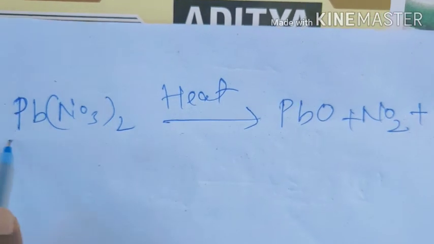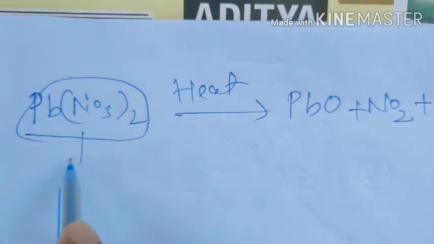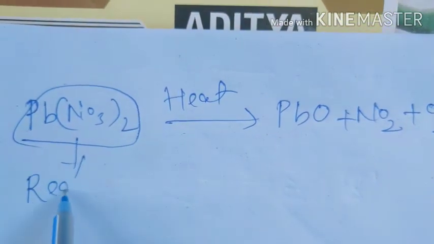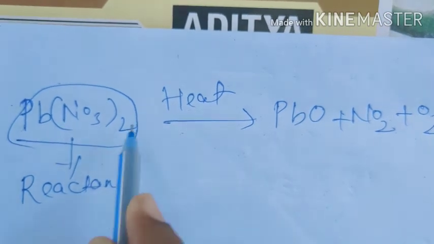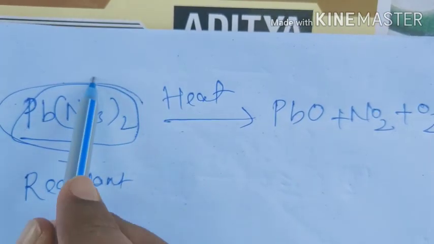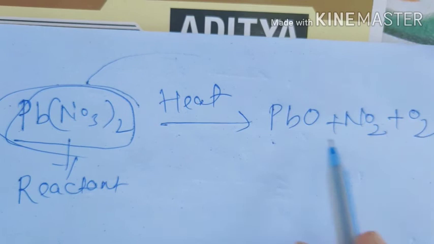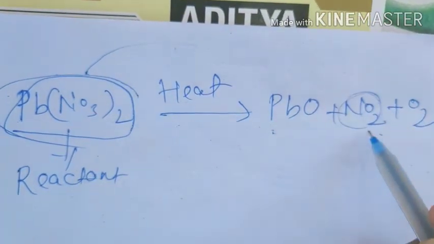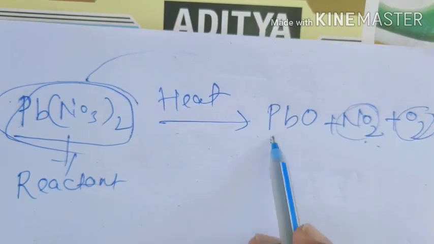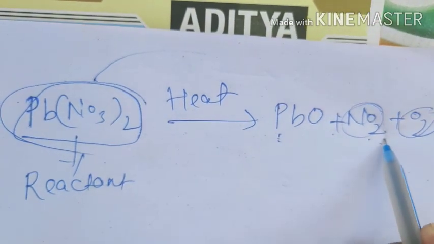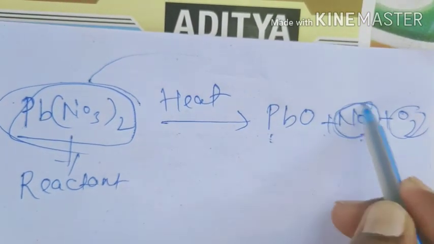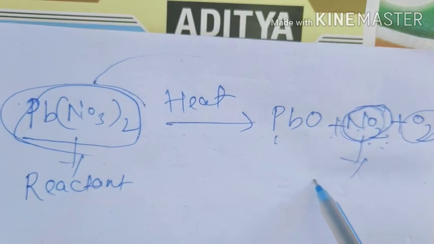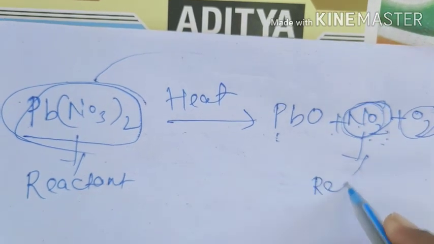Here lead nitrate is a reactant, and this reactant is converted into three products: PbO, lead oxide, nitrogen dioxide and oxygen. Three products are formed. Here nitrogen dioxide is formed in the form of a reddish brown gas.